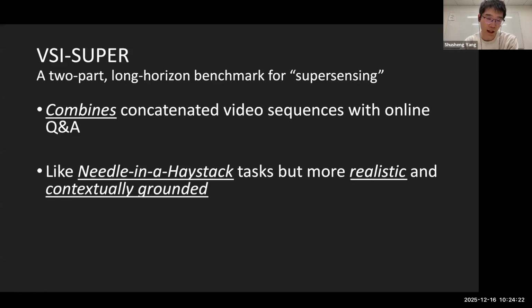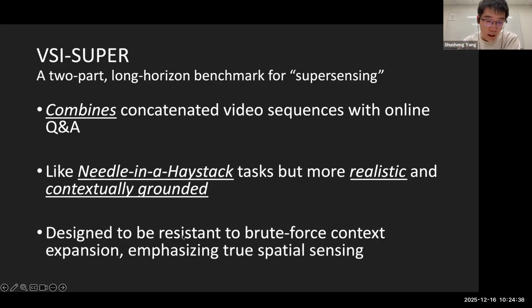We build needle-in-the-haystack style tasks, but we try our best to make them realistic and contextually grounded. We design it to be resistant to brute-force context expansion by concatenating sub-video clips into an arbitrarily long video, so that we can emphasize true spatial supersensing.